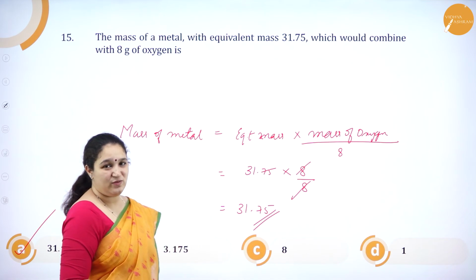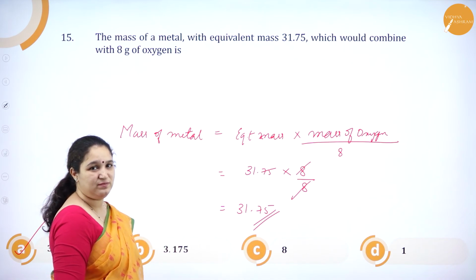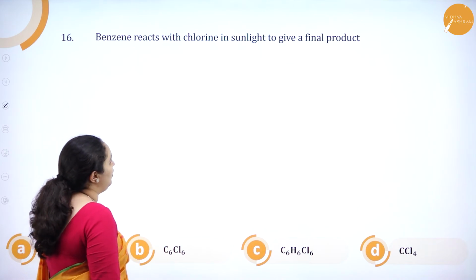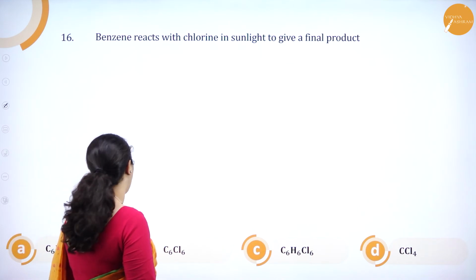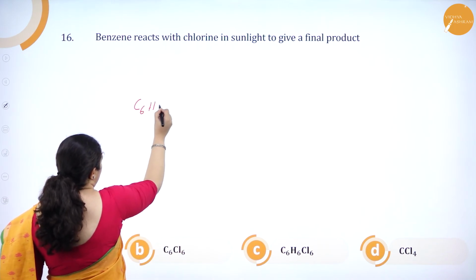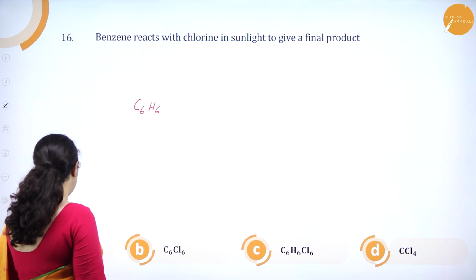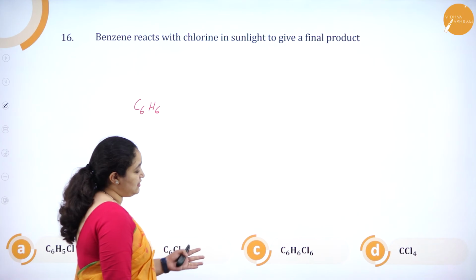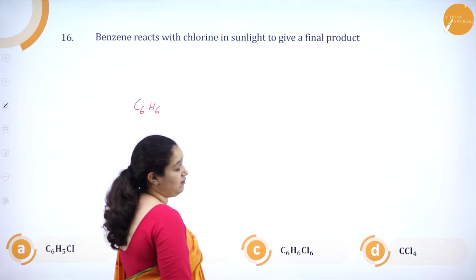Okay. So, shall we go to the next question? Question number 16. Benzene reacts with chlorine in sunlight to give final product. Benzene is C6H6. The options are C6H5Cl, C6Cl6, C6H6Cl6 or CCl4.